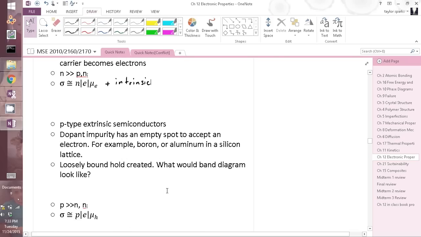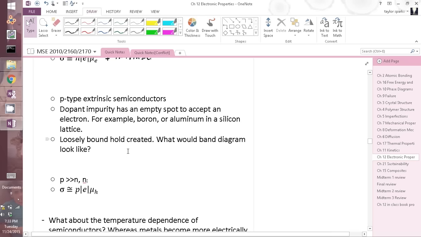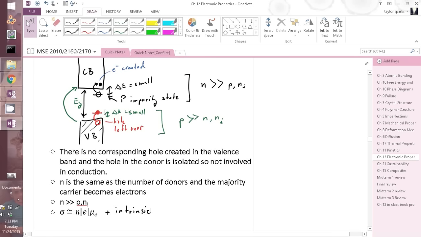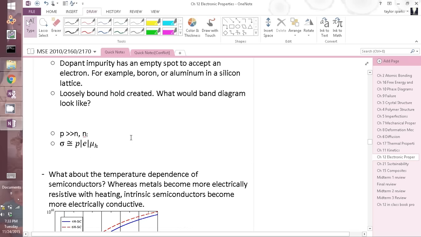It can accept an electron, boron, aluminum. We drew the picture of this, and we could imagine, based on what we drew here, what the band diagram looks like, and we have a good feel for what the conductivity of it should be. Again, this technically should be plus the intrinsic values. It's just that this is typically much larger than this is, and so we often leave it off.